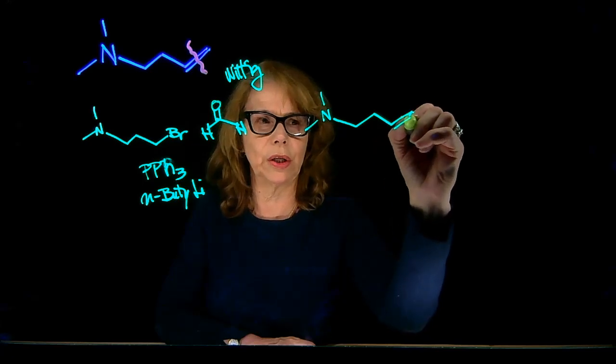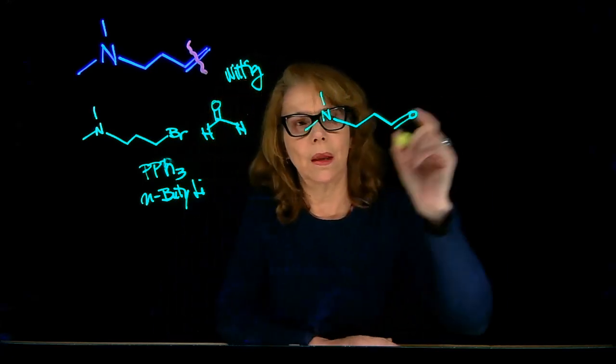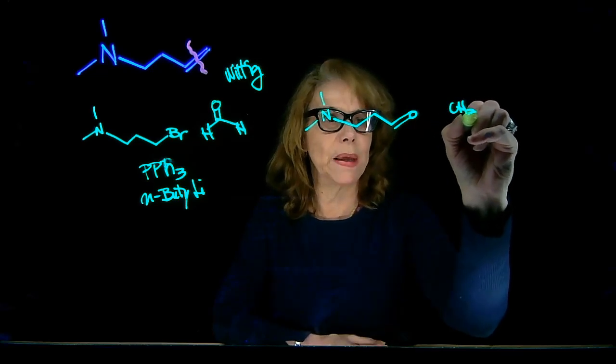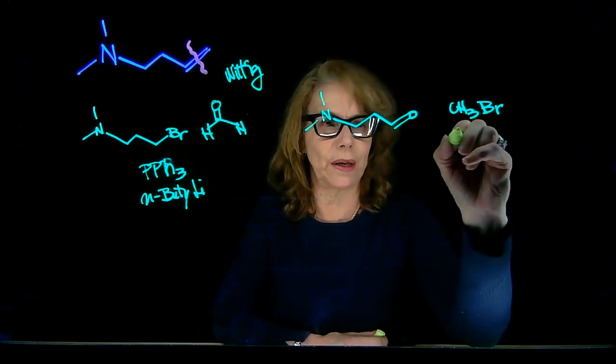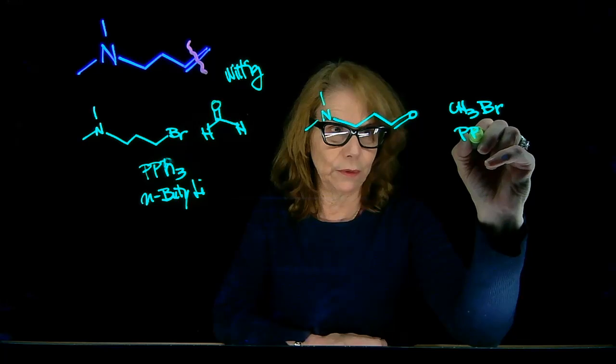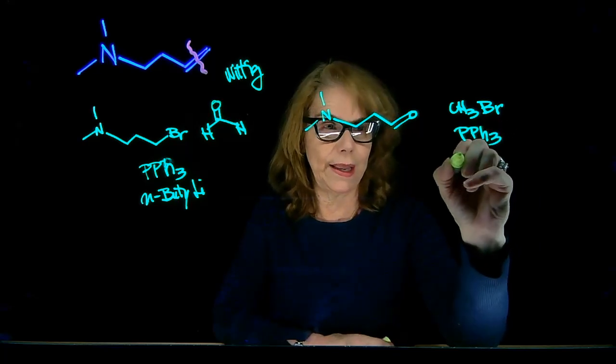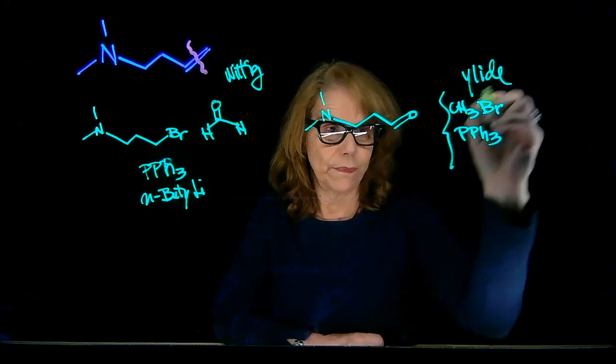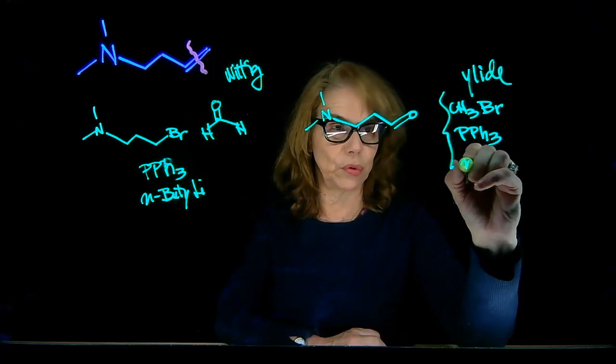So here I'm putting the O on this end, which means the next fragment is simply going to be methyl bromide, and that reacting with triphenylphosphine and all of that to make my ylide, right? And that we do with butyl lithium.